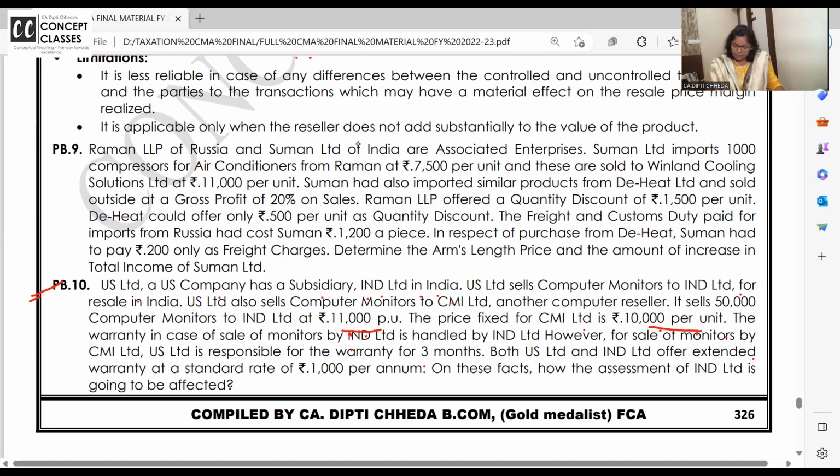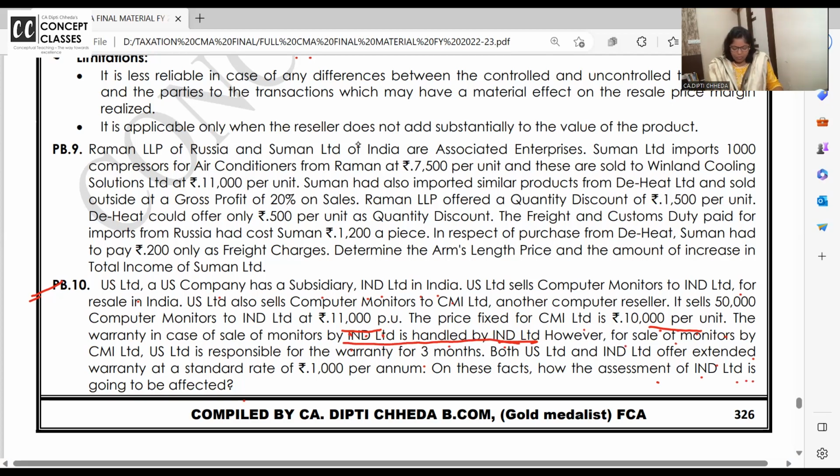One second. On these facts, how is the assessment of India Limited going to be affected? India Limited is purchasing 50,000 monitors at 11,000, but to others they are selling at 10,000 and they are extending warranty also. Warranty in case of India's sales is handled by India Limited. Our warranty we are only handling.